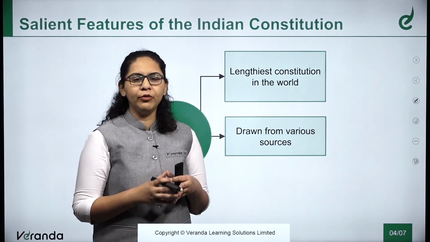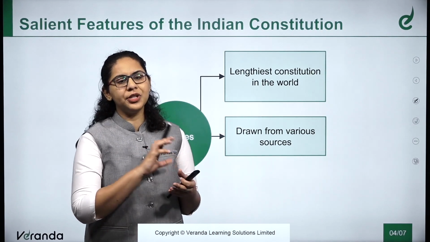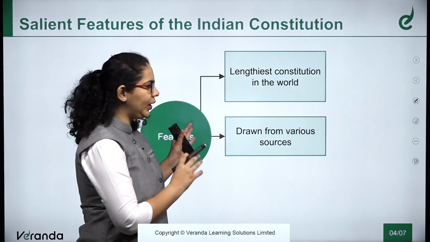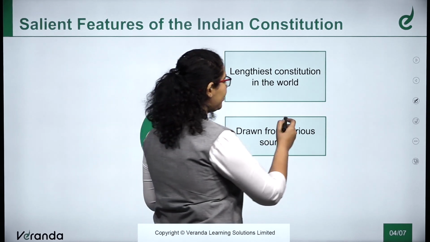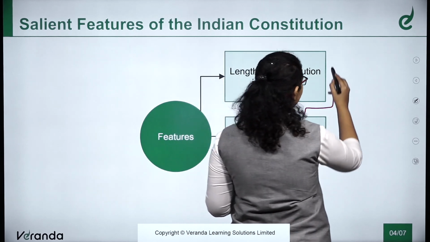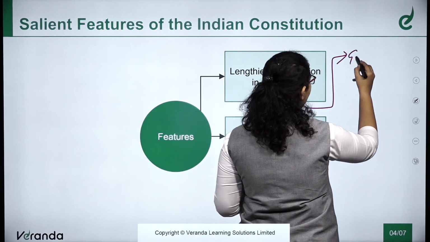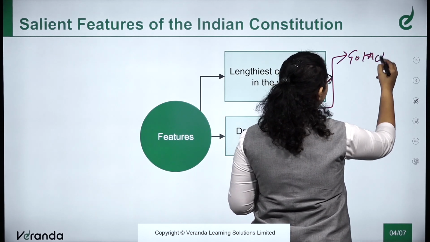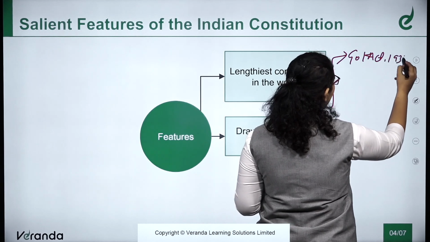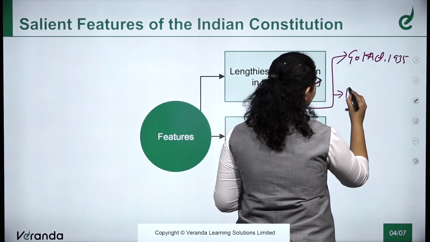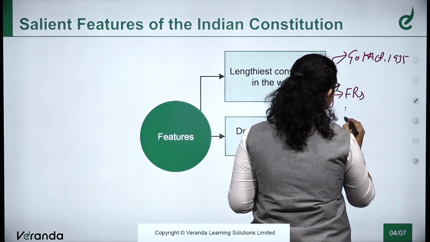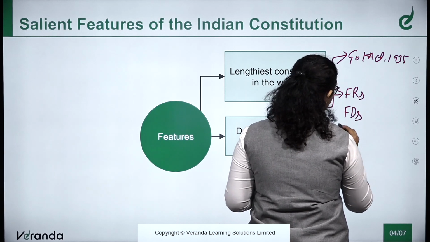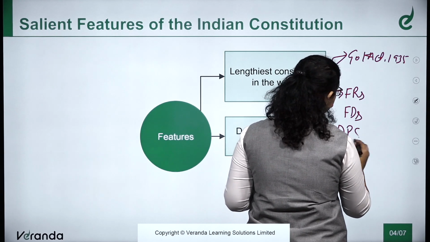Second, we have drawn the provisions of Indian Constitution from various sources. I have already informed you that we saw the constitutions of various countries and then took things into the Indian Constitution. The structural part, we have taken from Government of India Act of 1935. The philosophical part, that constitutes fundamental rights, fundamental duties and DPSPs, we have taken from different constitutions.